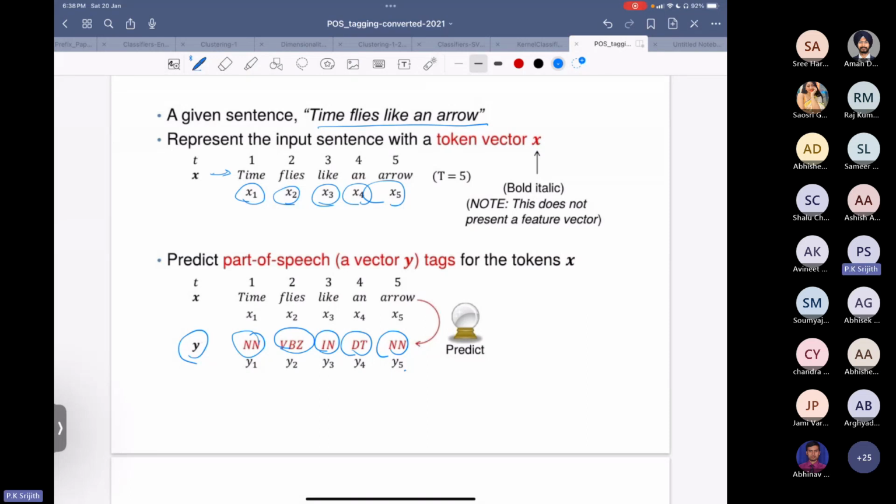If you look at this from a classification point of view, you are given some sequence of input, which you can think of as a single input x, and you are trying to predict an output y.